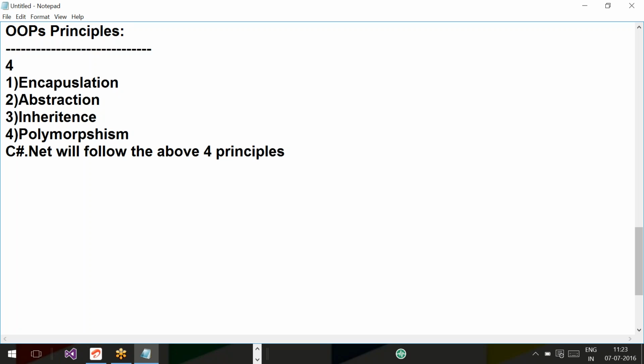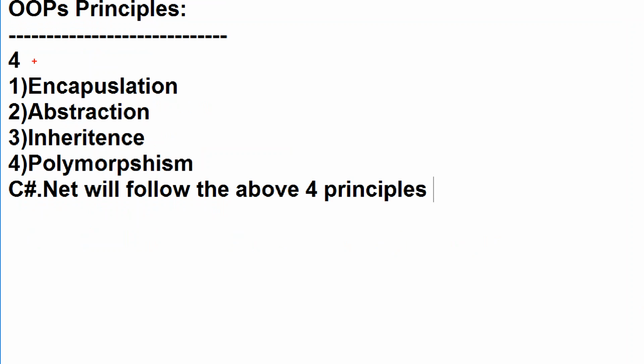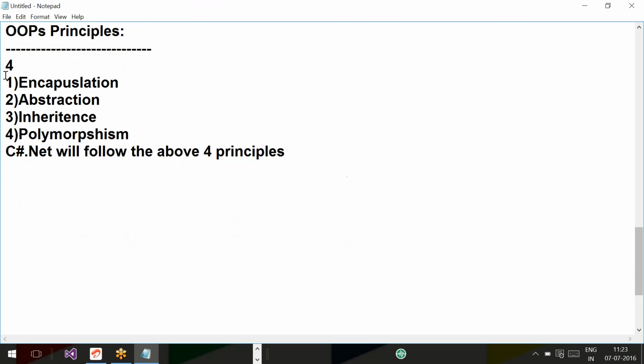Due to that reason, C#.NET is called an object-oriented programming language. Now, our duty is to prove all these principles in C#.NET by the end of these 10 days. By that, we can finalize that C#.NET is an object-oriented programming language.